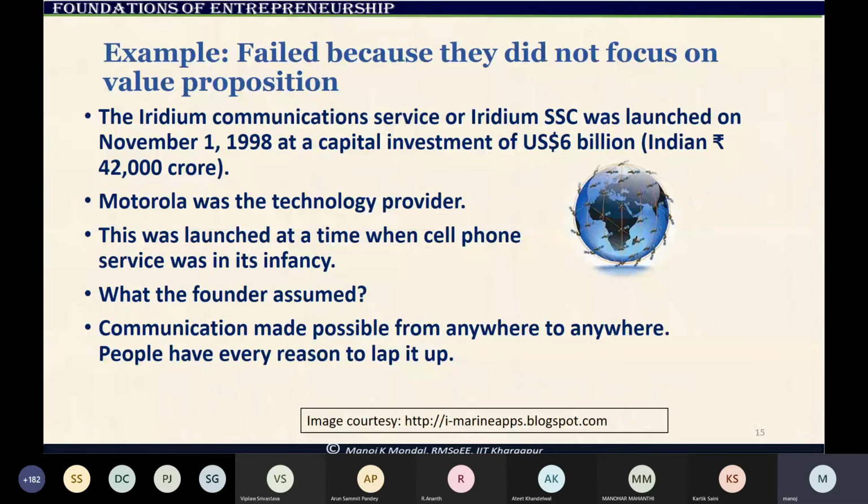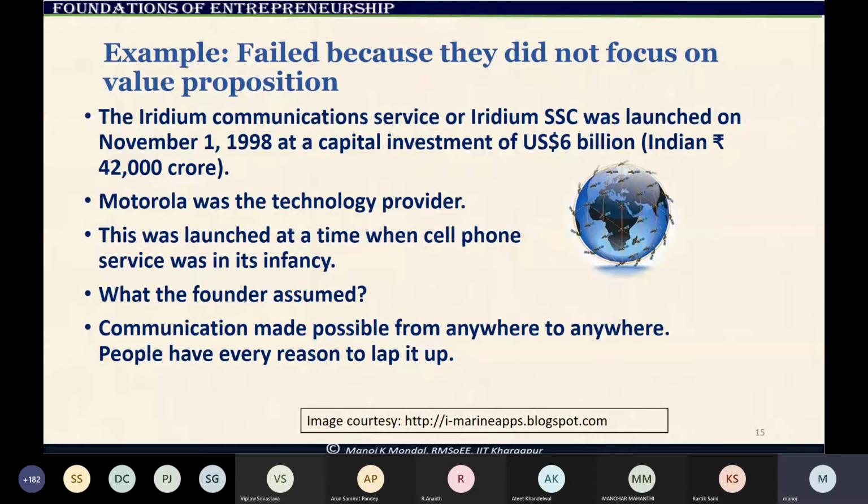Like we talked about Iridium, we know that Iridium came up with a product without doing market research on whether customers were really looking for this service. There was no doubt that customers were interested in communication anytime, from any point to any point.